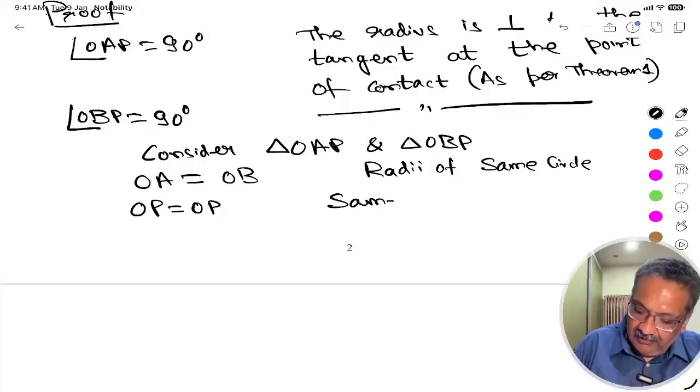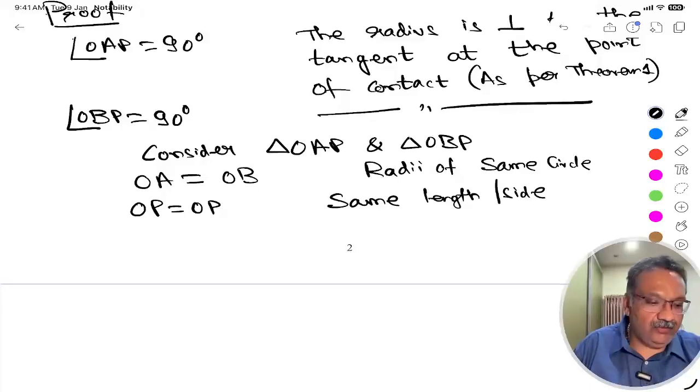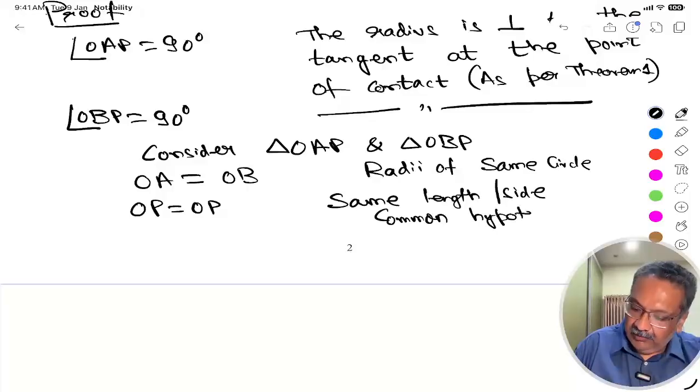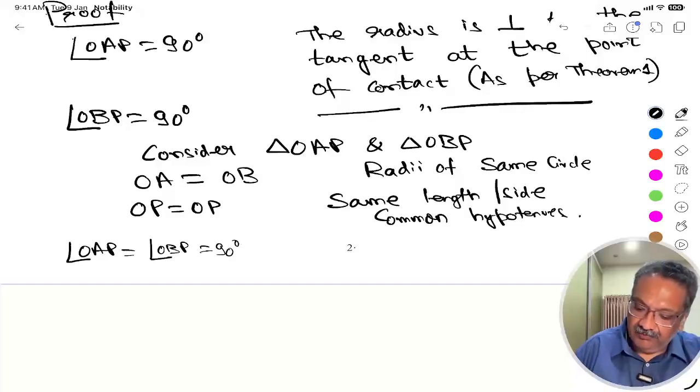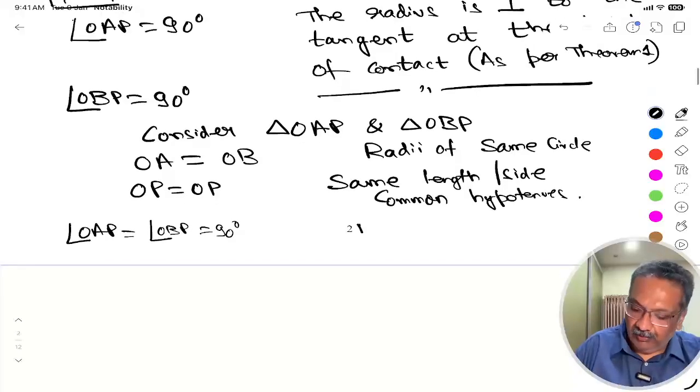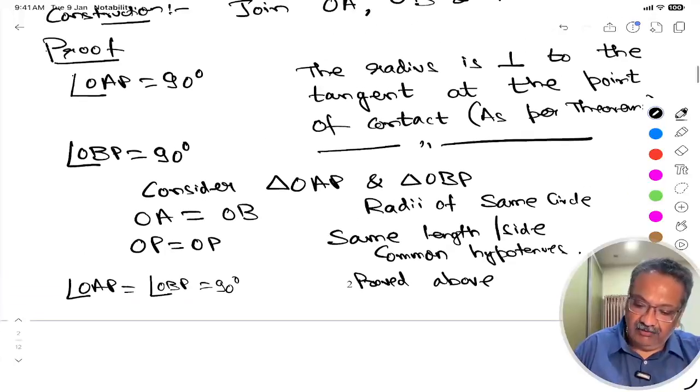Same side, which is the hypotenuse, common hypotenuse. Similarly, we also have angle OAP is equal to angle OBP is equal to 90 degrees, proved above. See here we have said that, right?